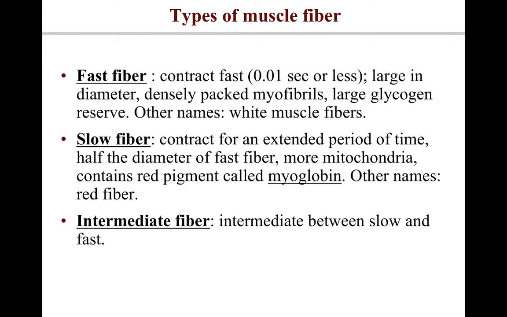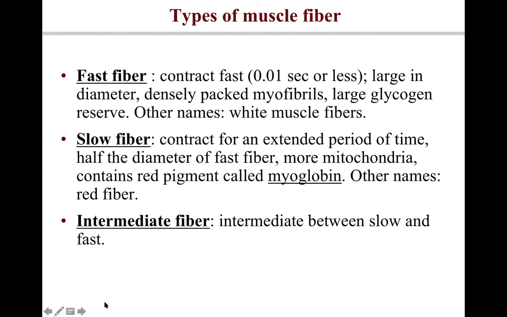They have a red pigment, which is known as myoglobin, and we will learn about that later on when we learn about hemoglobin, myoglobin, etc. The red pigment, myoglobin, gives them a pinkish color, and they are known as red fibers. They have ample mitochondria to give them energy. And intermediate fibers are in between these 2 fibers, which is rare.